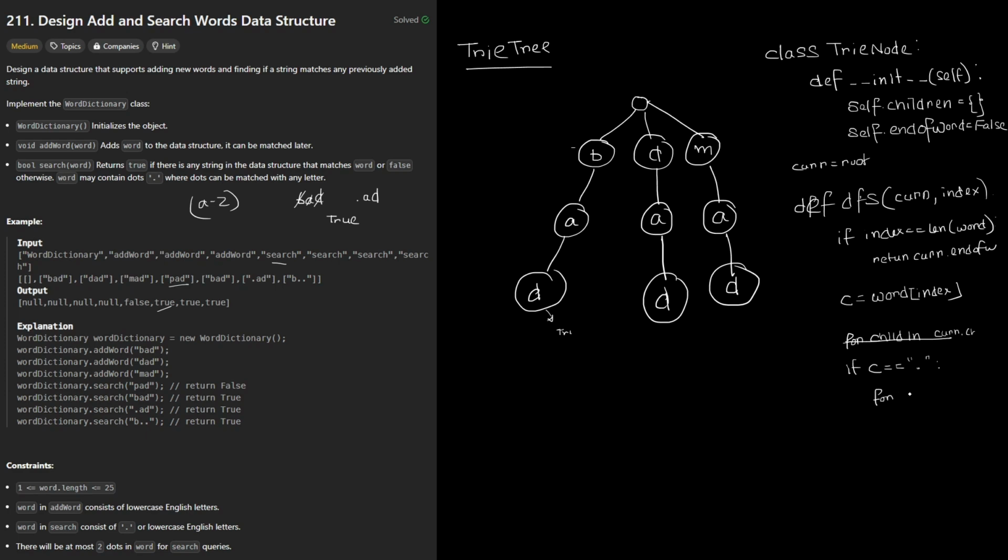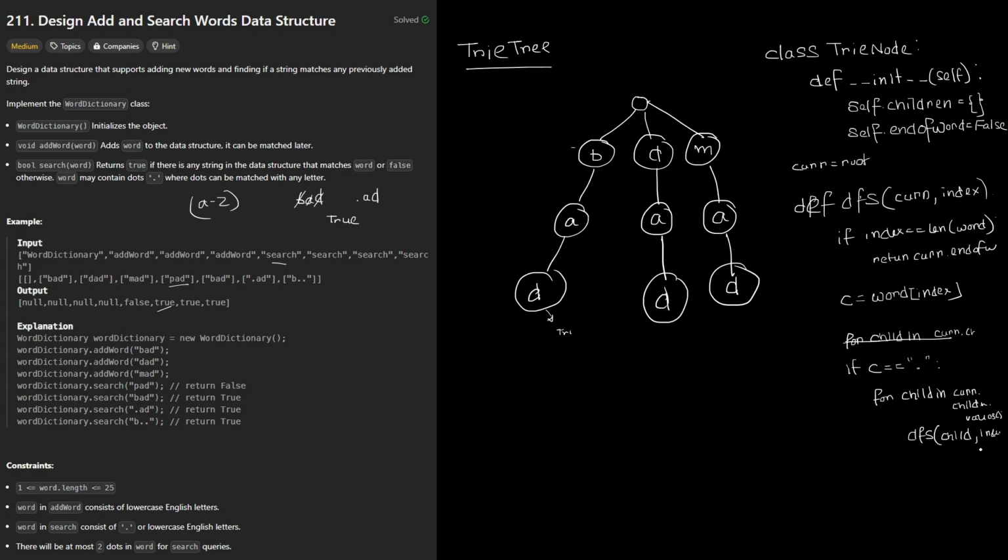So for child in cur.children.values. If it's a dot, it is going to take all the children B, D and M, and I can call the DFS function with the current child, and I have to pass in the next index.